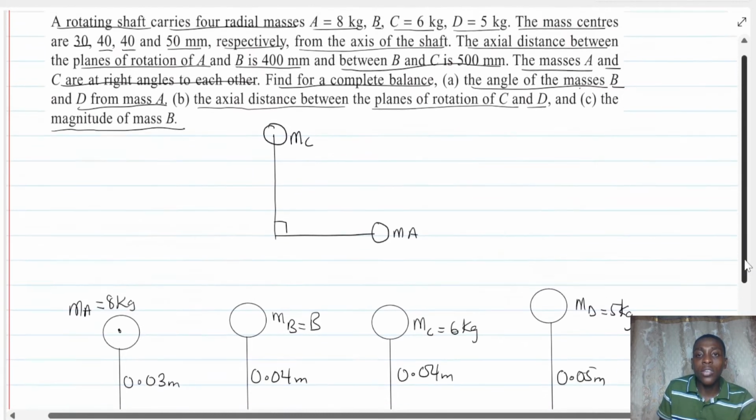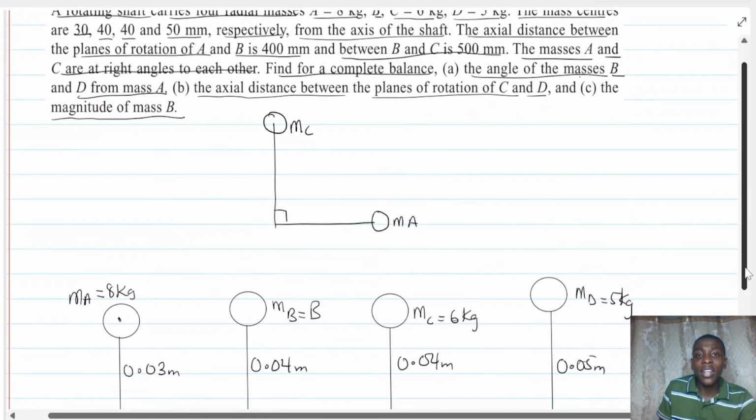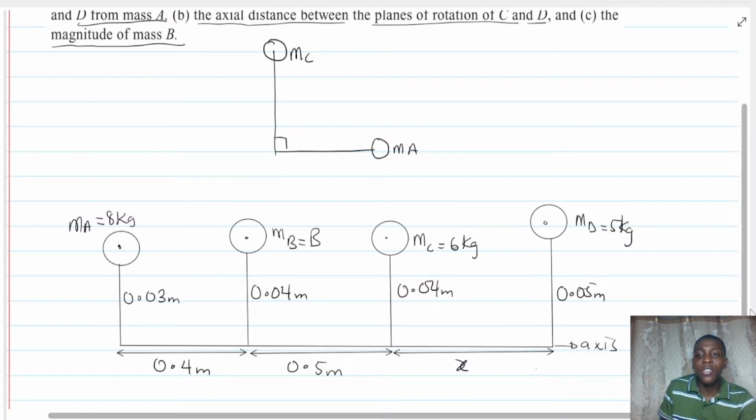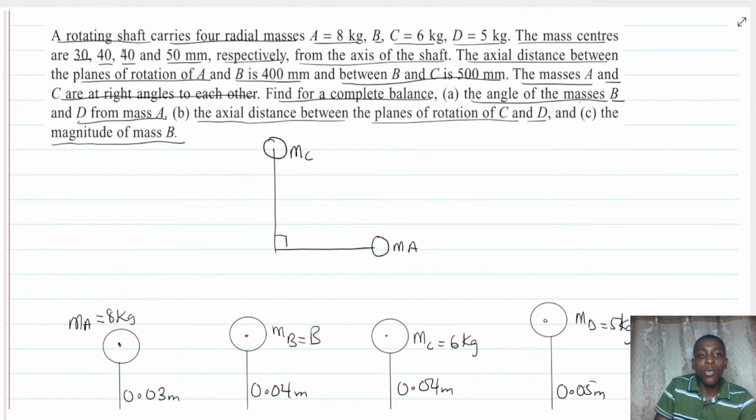And then we have been asked to find the axial distance between the planes of rotation of C and D. So let's call that X. And then these distances represent the center of mass. Alright, so the center of mass, and then we have 30 millimeters, 40 millimeters, 40 millimeters, and 50 millimeters. From the problem, we were given these values.